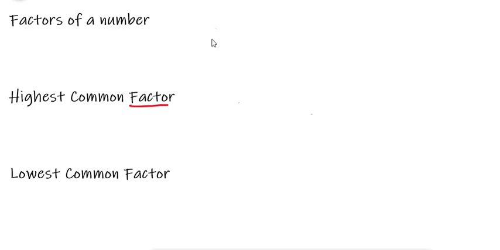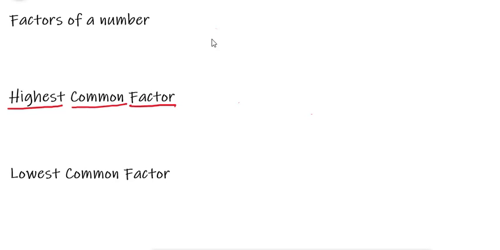Firstly, it is a factor. Apart from it being a factor, it is common, meaning it will be the same factor for two different numbers. And apart from it being common, it needs to be the highest. So that's where highest common factor comes from.